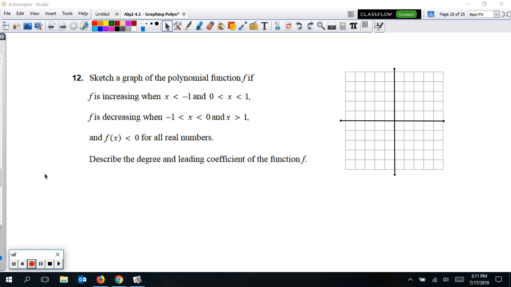So f is increasing when x is less than -1 and when it's between 0 and 1. It's decreasing when it's between -1 and 0 and also decreasing when x is greater than 1. And f of x, the graph itself, is less than 0 for all real numbers.